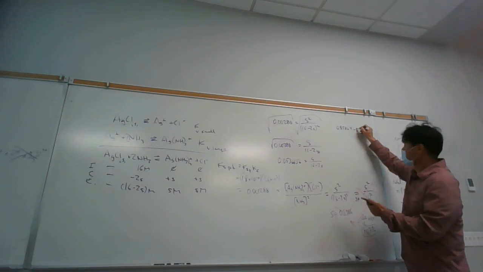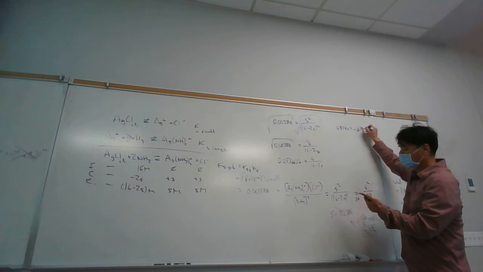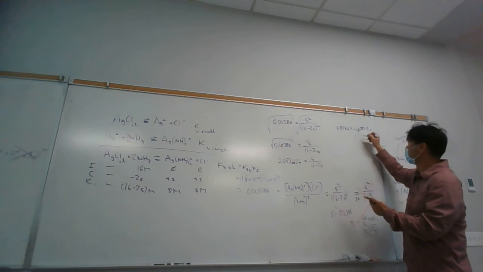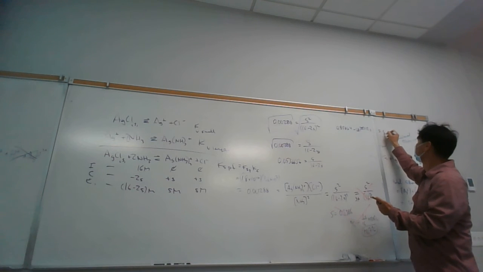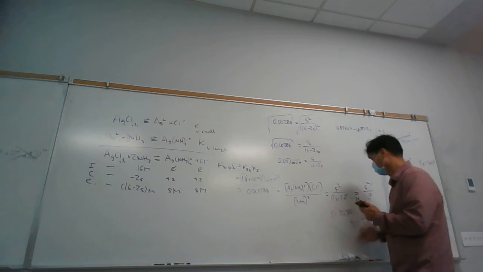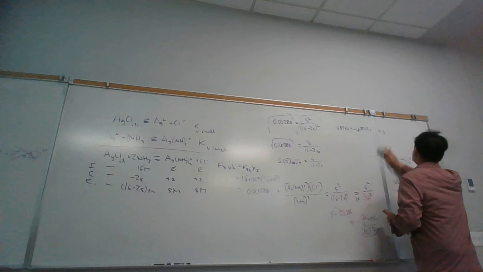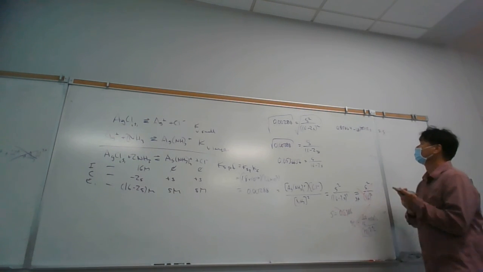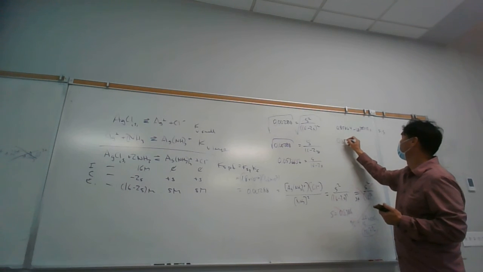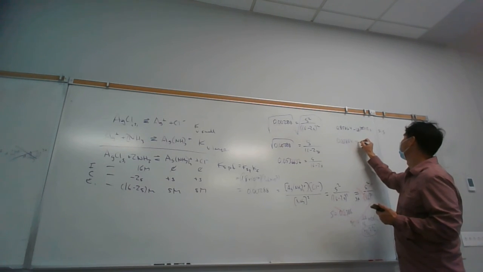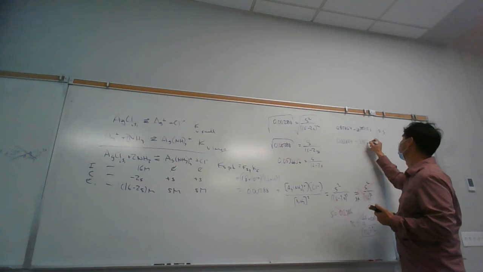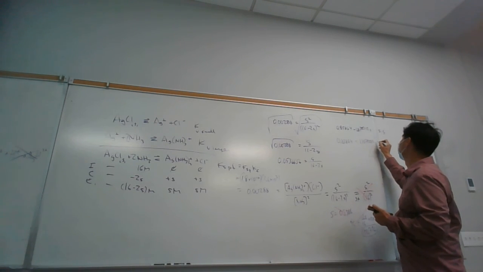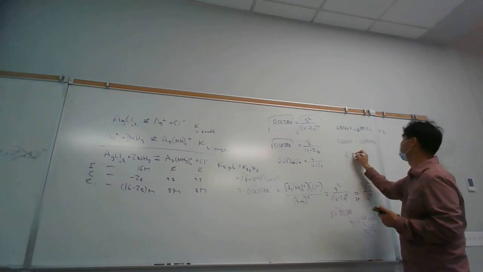That's going to be 0.8586 minus 0.10733312s is equal to S. And then let's add this to both sides. We're going to get 0.85864 is equal to 1.1073312 S.